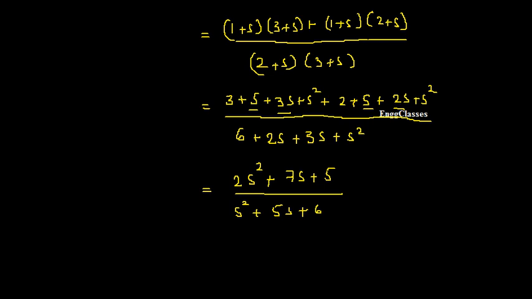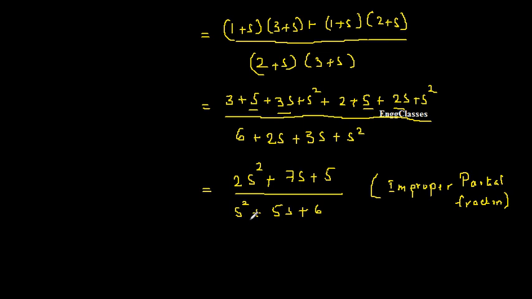Now if I want to make use of the partial fraction, this form I would call it as improper partial fraction. Why is that? Because if I want to make use of the partial fraction, the order of the numerator polynomial should always be lesser than that of the denominator polynomial.